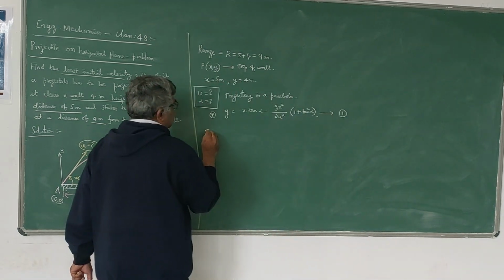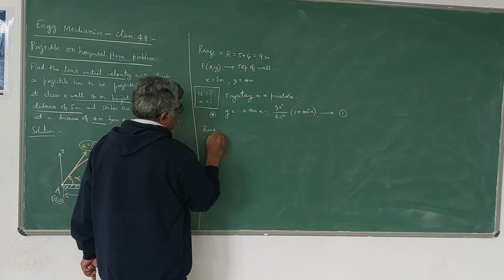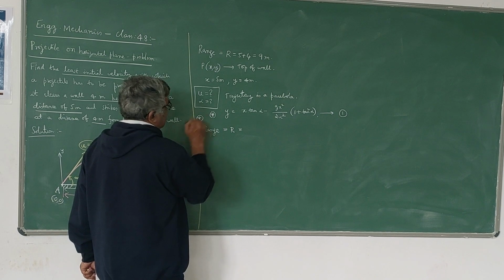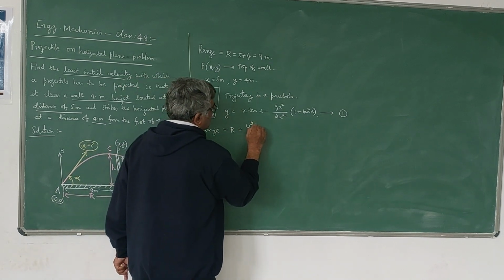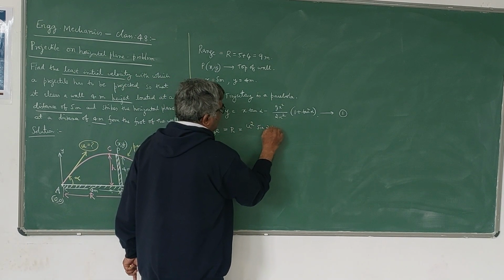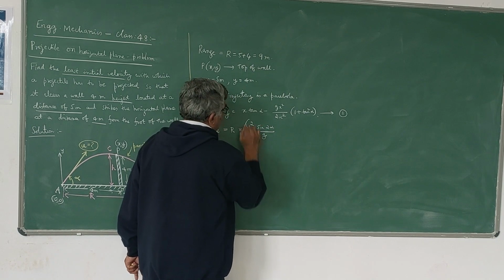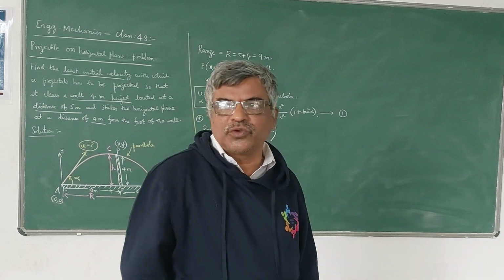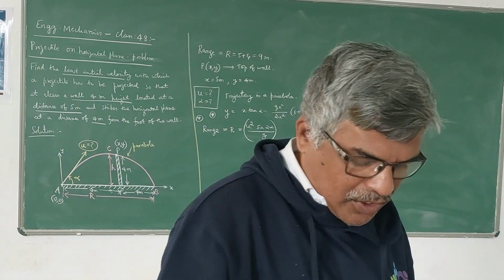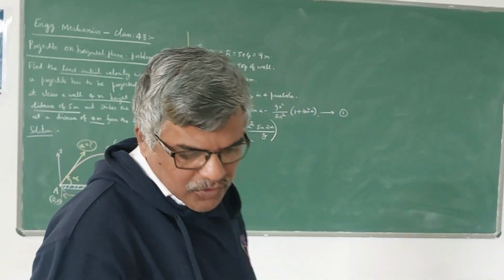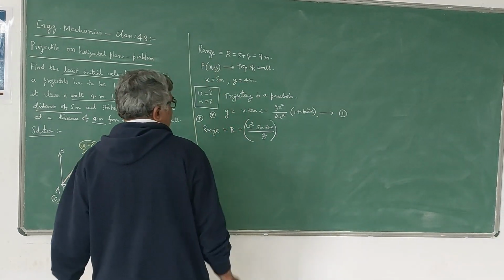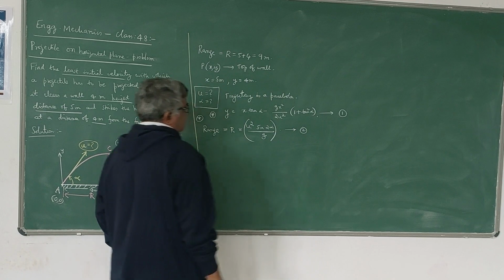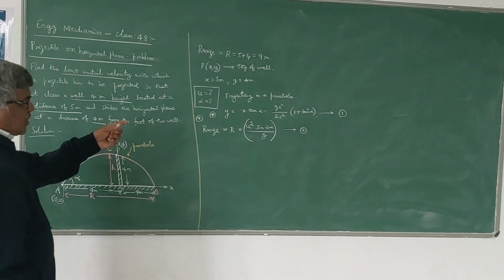The second equation is the range equation. Since range is known here, range R is equal to u square sin 2 alpha by g. So u and alpha are the unknowns. So we have to substitute in these two equations and solve to get the value of u and alpha. So u square sin 2 alpha by g is R. Now this is equation 2. So let us see how this can be solved.